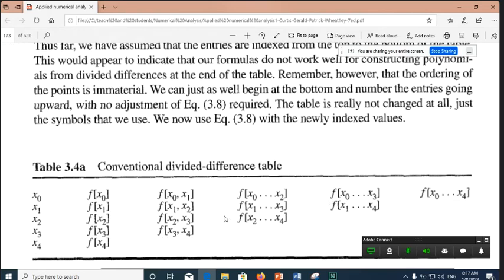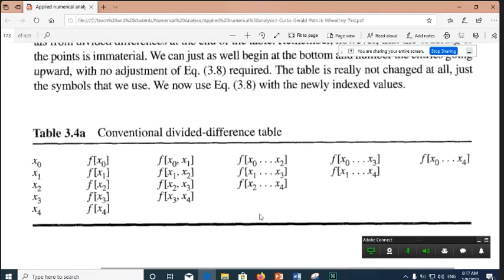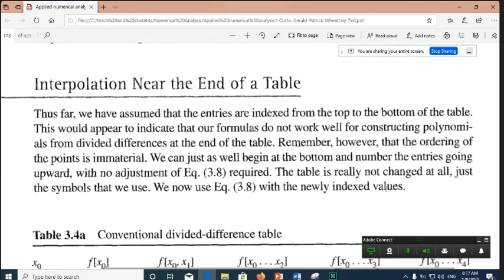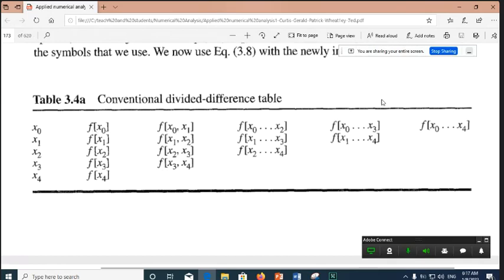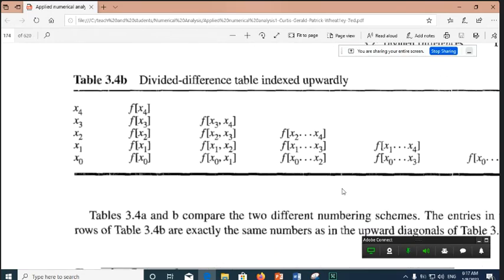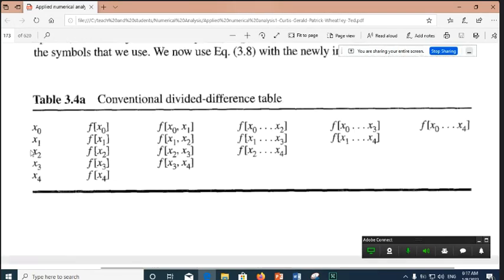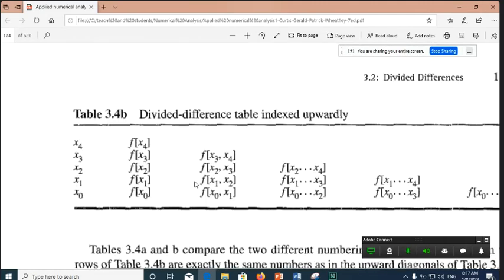And here we can see the calculation of this table is upward, because we can see the values as this: x0, x1, x2, x3, x4, we can index the points upwardly in this manner.